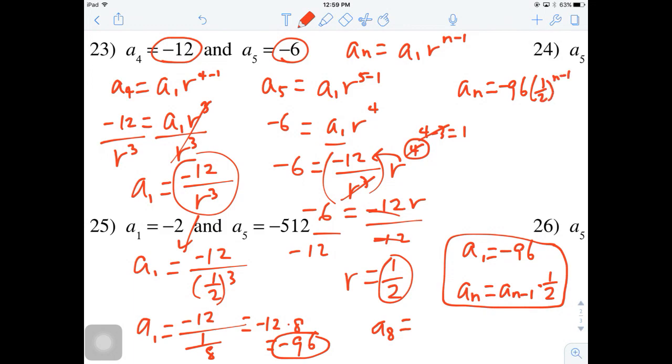So using that formula, we're going to substitute 8. And that is 1/2 to the 8 minus 1, which is 7. And if you simplify that, that would be negative 96 times 1 over 128. Simplifying it, you should have the fraction negative 3 over 4 as the answer for the 8th term.